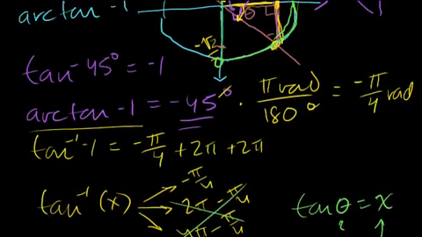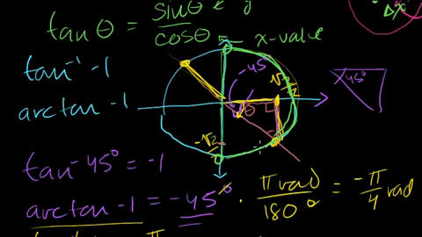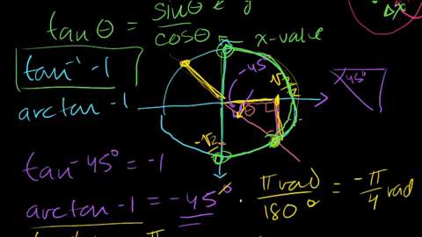If I restrict my range to this and exclude that point and that point, then I can only get one answer. When I ask what angle gives me a slope of minus 1, there's only one answer, because as I go around and around, those fall out of the valid range for theta.